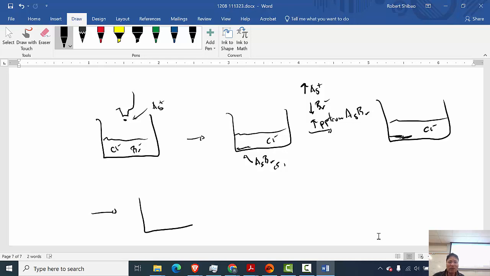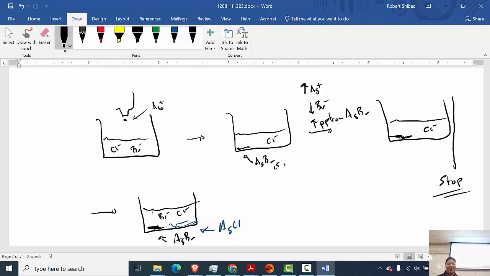If I go too far, I'm going to start precipitating out both silver bromide and silver chloride. And I don't want both of these precipitates forming, because if both precipitates form, then I end up with another mixture. So I have to stop right before silver chloride starts to precipitate. This is the stopping point. I need to stop here.